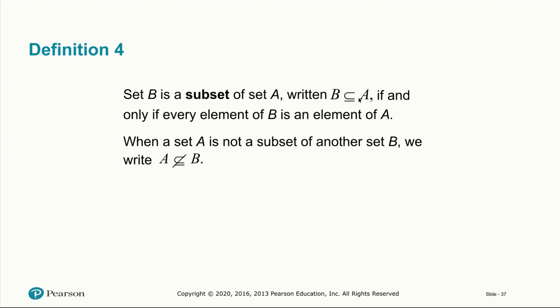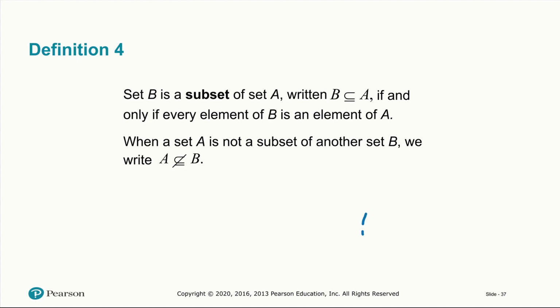We say B is a subset of A. And that only happens if every element of B is also an element of A, right? If that is not the case, if A is not a subset of B, we just use the same symbol and put a cross through it, right? A bar through it. Now, here is an example of a scenario like that.